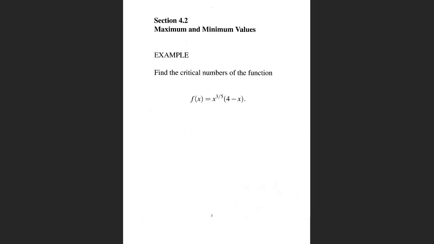With calculus, we can do these things, but we have to start in the beginning here. So here's an example from section 4.2. What we want to do is find what are called the critical numbers of this function. Let me give you a moment to copy it down.